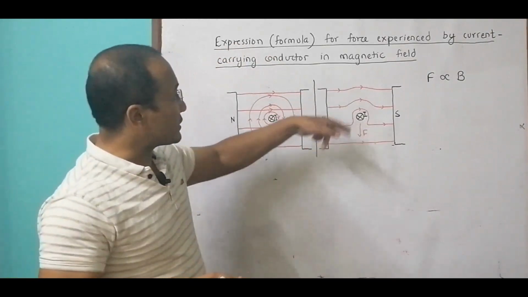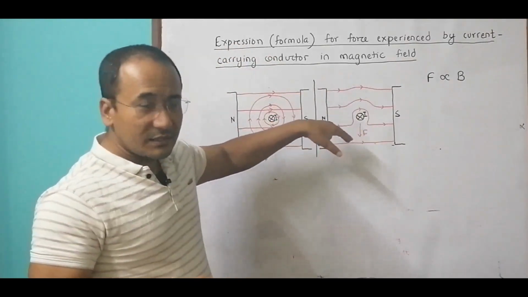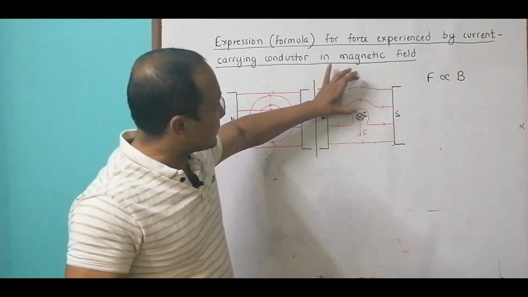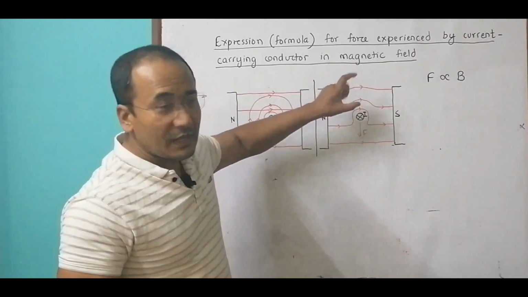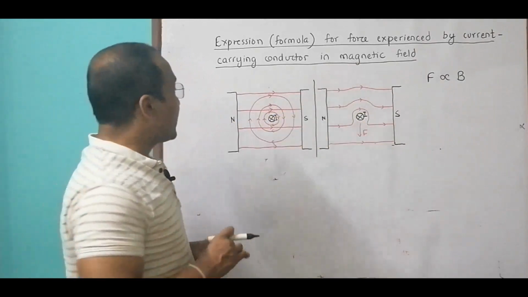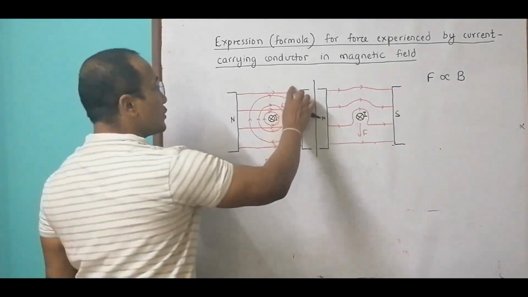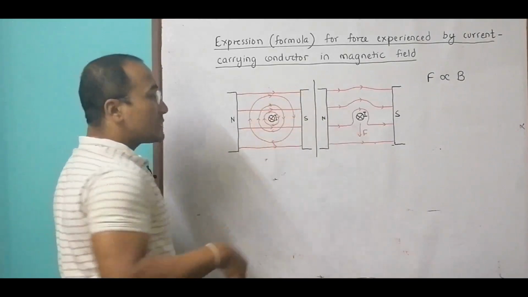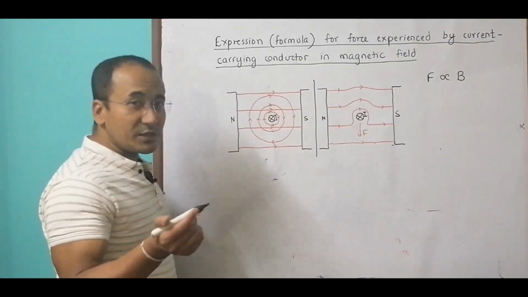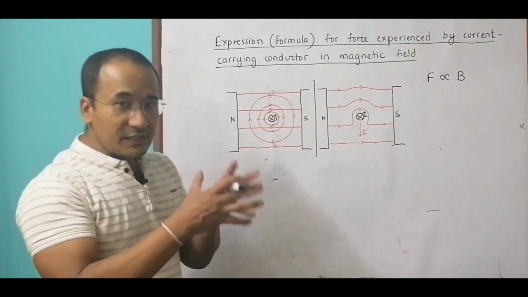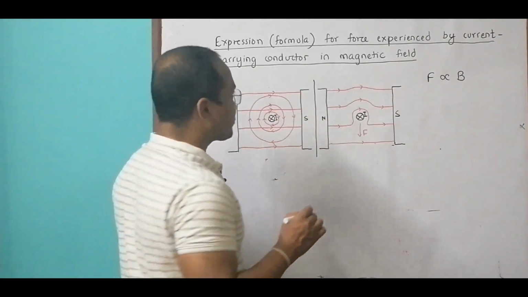The more the interaction, the more the difference in the intensities: higher magnetic field here, lower magnetic field there, cancellation here, addition here. So that's why the force should be higher. And if there is no magnetic field, there can't be any such interactions, no imbalance at all. So that's why the force will be zero. So force is directly dependent on the magnetic field strength.